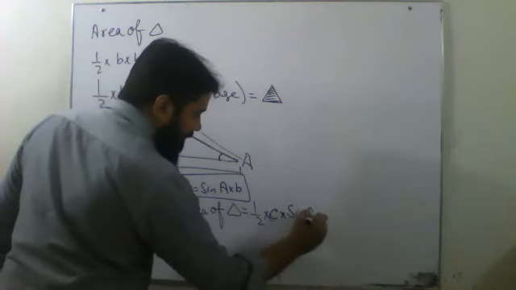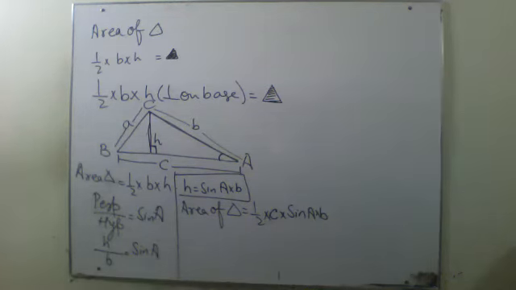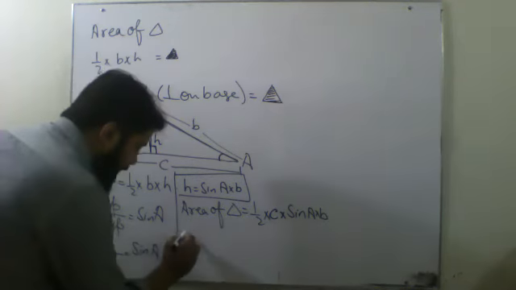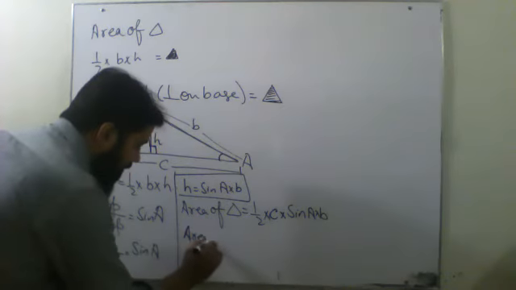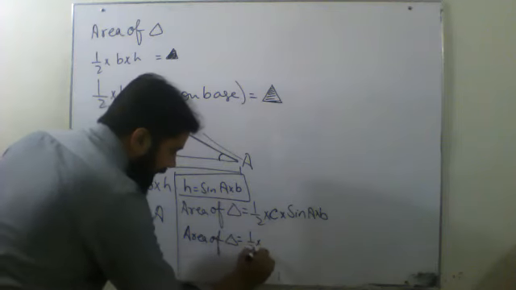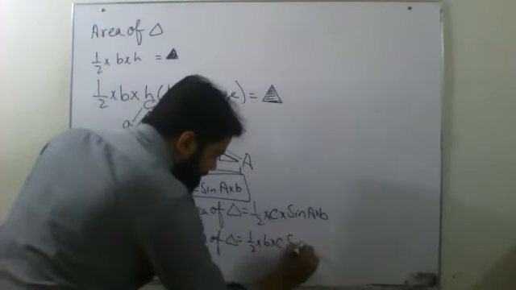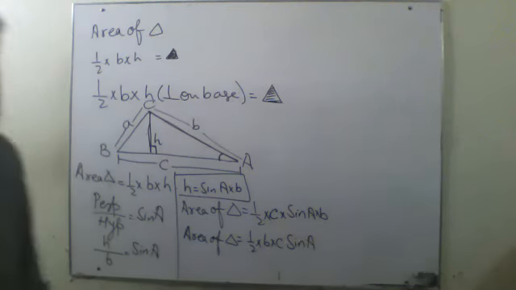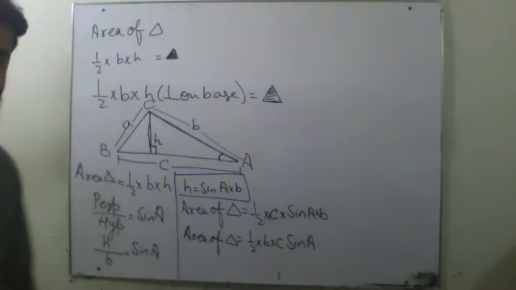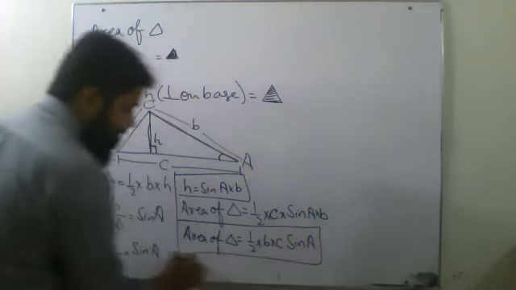Sine A into B. When I write it in simplified form, area of triangle equals half into B into C sine A. So this is a formula.